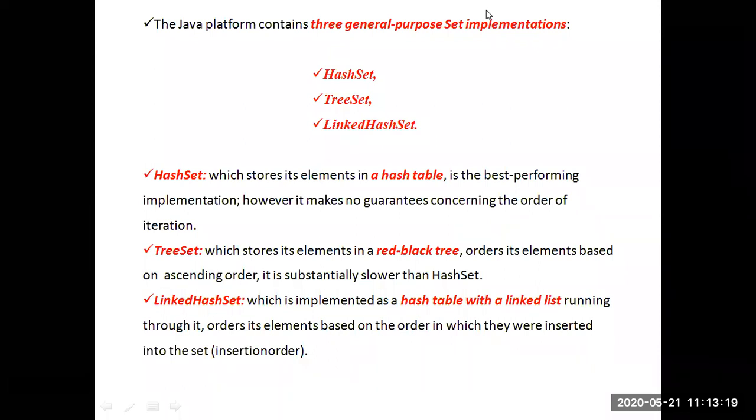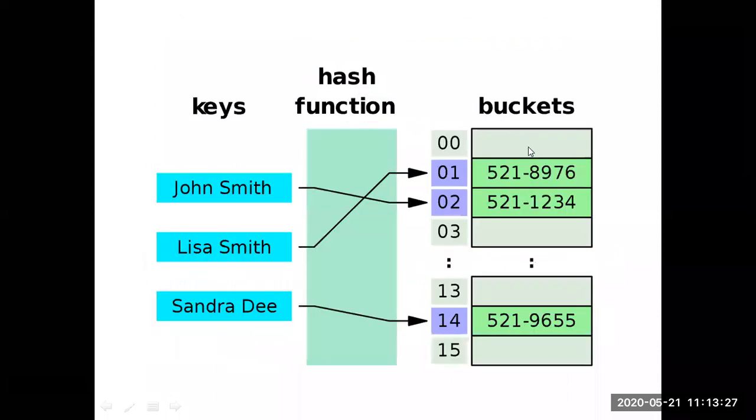Clear? See, when we come to hashing, there is no guarantee in which order the elements will be stored in memory. We don't know which value will be stored in which location, because the locations are decided by the hash function.